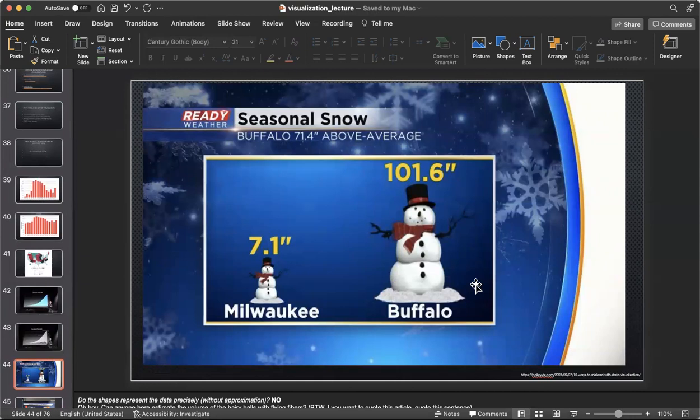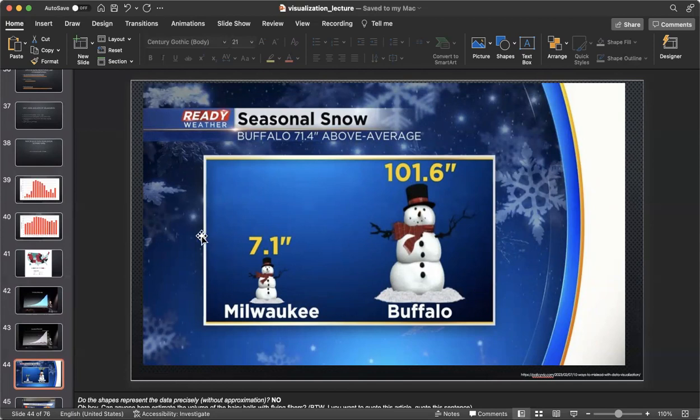Here is seasonal snow forecasts in Buffalo in inches. So Milwaukee received 7.1 inches of snow. Buffalo received 101 inches. How is this a misleading visualization? Yes, it's definitely not proportional.